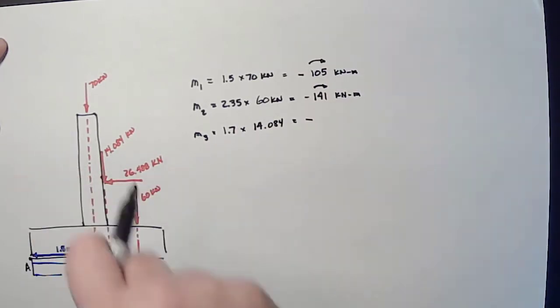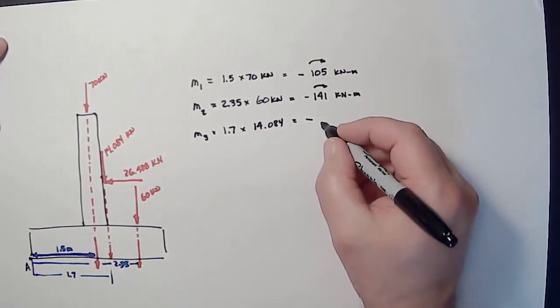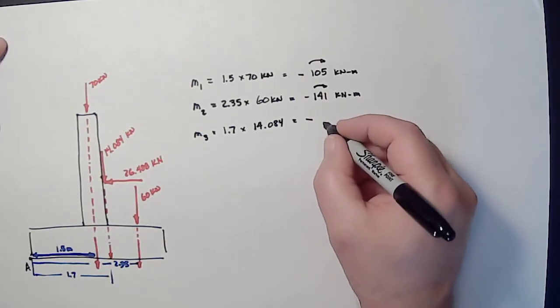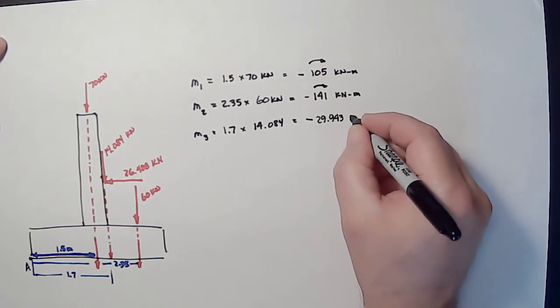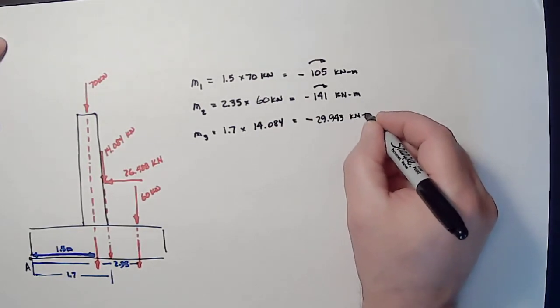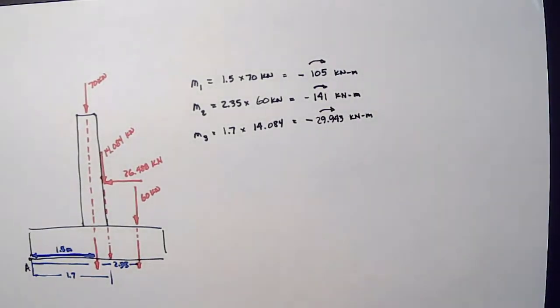Again, it's going to be clockwise, so that will be 29.943 kilonewton meters. I always draw the direction of the rotation just so I can keep track.